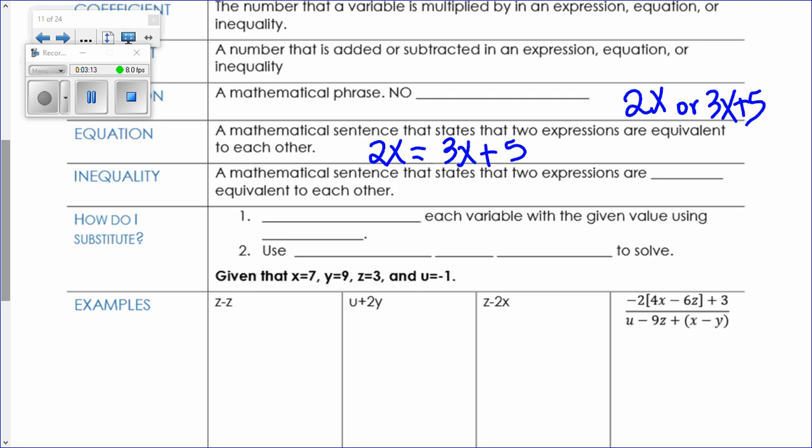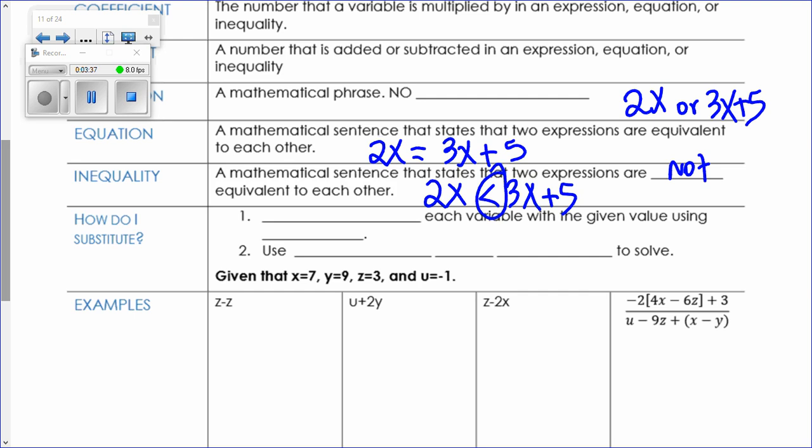Now, a mathematical sentence that states that 2 expressions are not equivalent to each other is an inequality. So 2x is less than 3x plus 5. It can be greater than. Regardless, because of the symbol, it's not an equality. Now, how do I substitute?